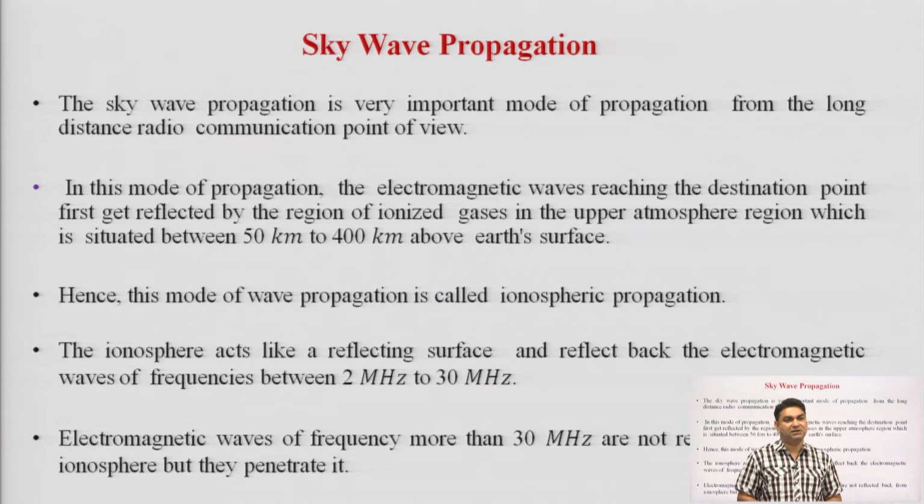In this kind of propagation, the electromagnetic waves first get reflected by the region of ionized gases in the upper atmosphere, situated between 50 kilometer and 400 kilometer in the Earth's atmosphere.